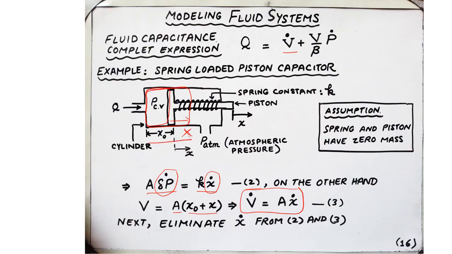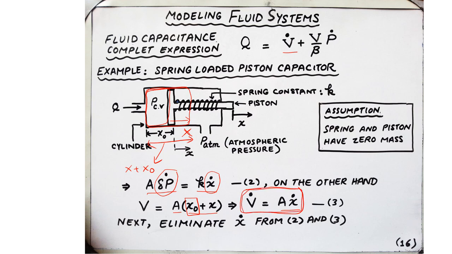The effective height of the cylinder is x plus x naught, and the area is A. With this volume expression, if you take a time derivative of the volume, you get A times x dot, because x naught is fixed. So we get V dot equals A times x dot. Equation 3.